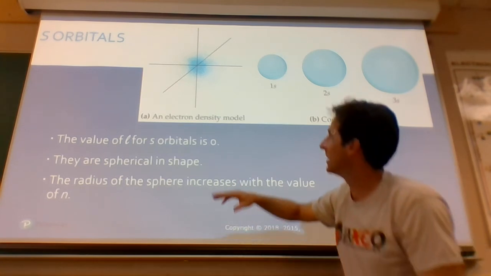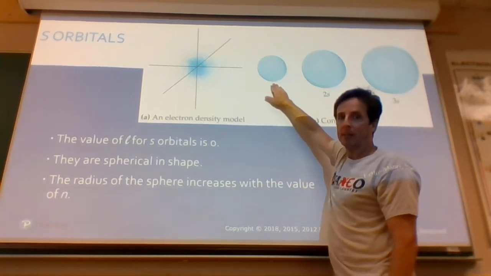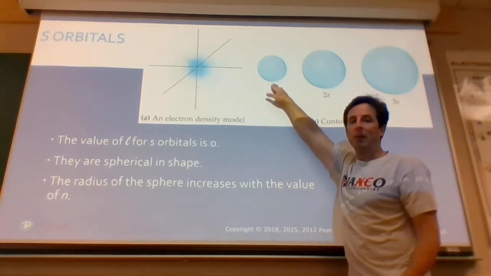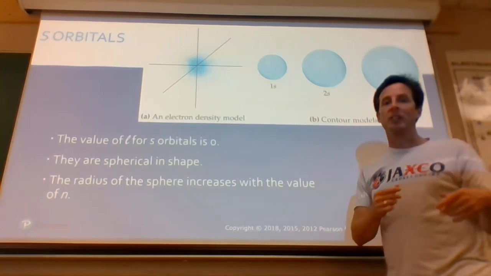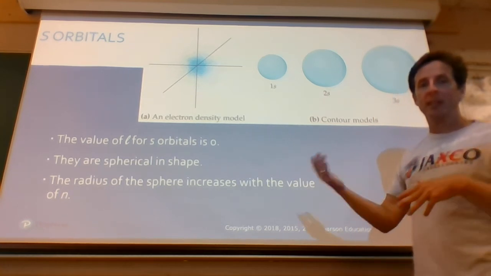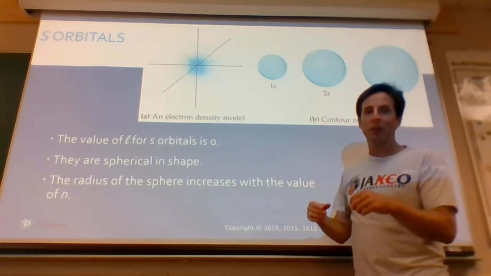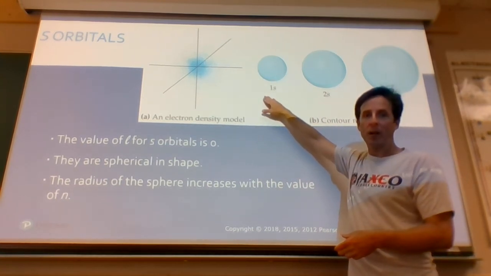So the first s orbital, a lot of times we're going to draw it like this. And then as we start calculating where electrons can go, we're going to use the same shape several times, but each time we use it, it's going to get bigger. So if I have an atom, I could put some electrons in the first shell s orbital, so I'm going to call that the 1s orbital.